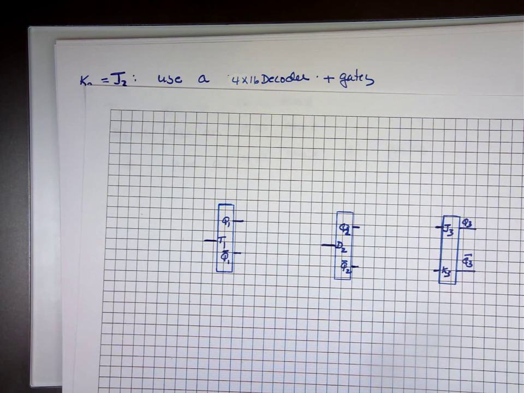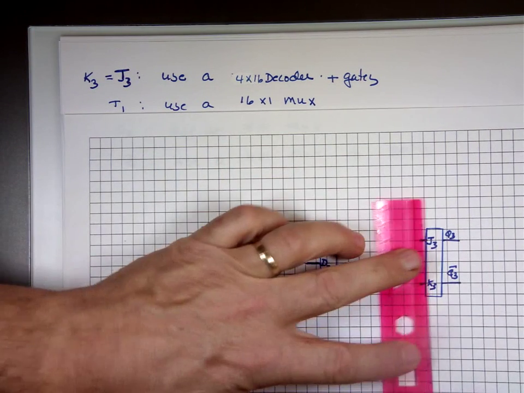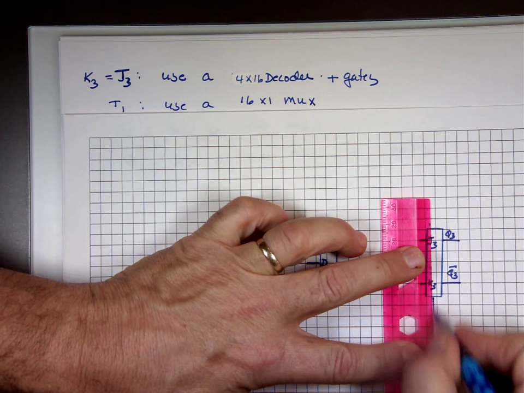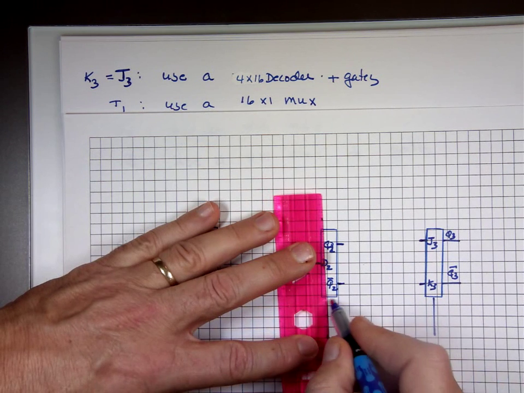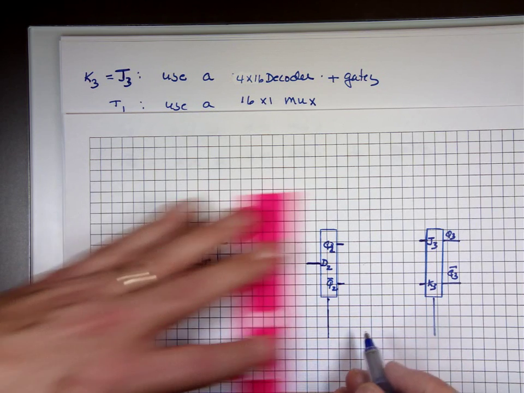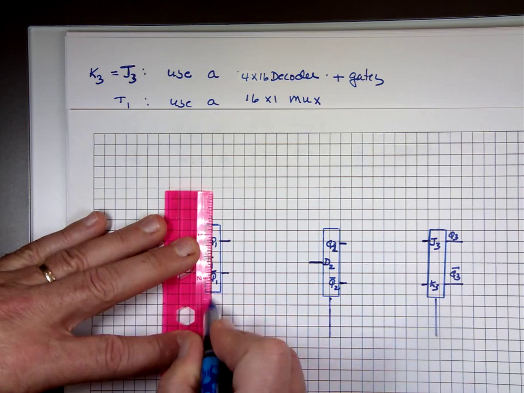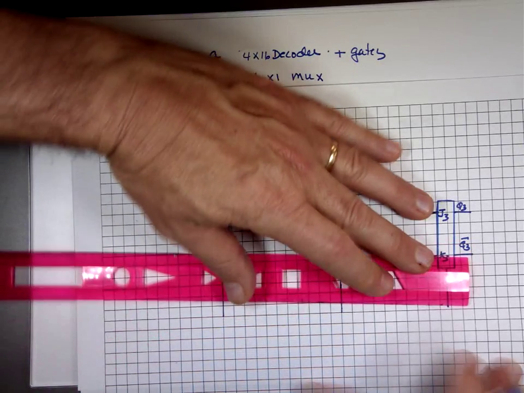Let me start with the JK, the last one, because I'm using from top, J3 and K3. So also I'm going to have a clock going to each one of these. So that's the clock going to all of them.